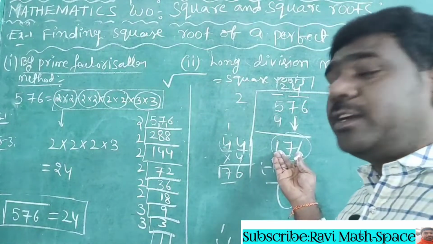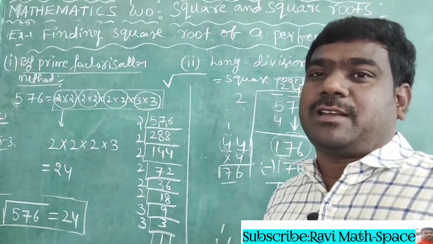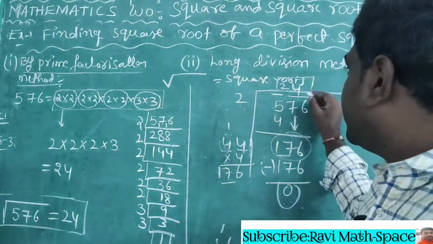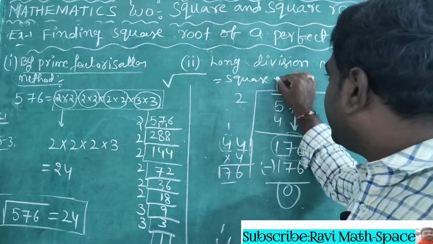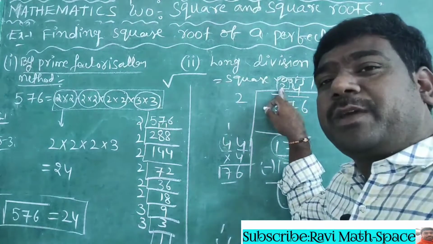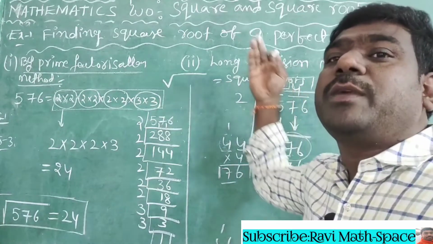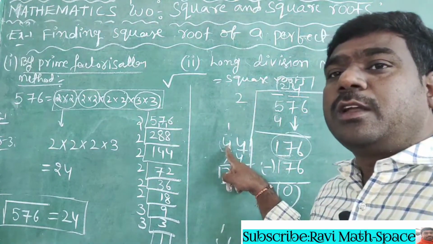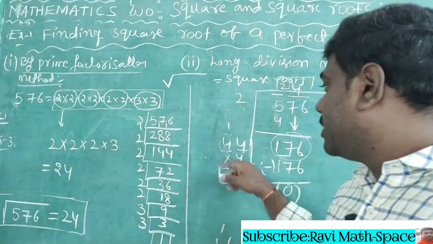If you want to apply the division, again we need a new divisor. How to get the new divisor? Very simple trick here. For the new divisor, whatever quotient number we got, make that number double. 2 double is 4. Yes or no? Next, what should we do? Very simple.